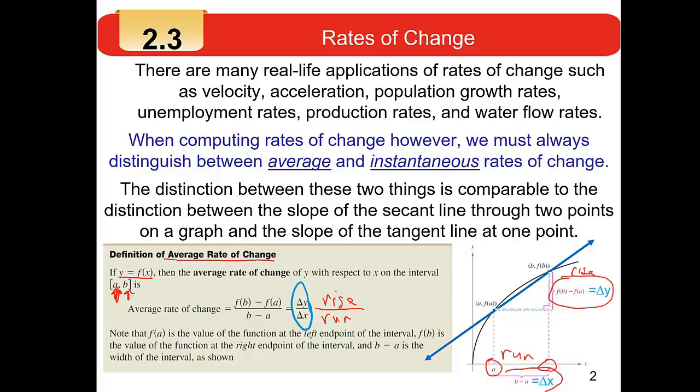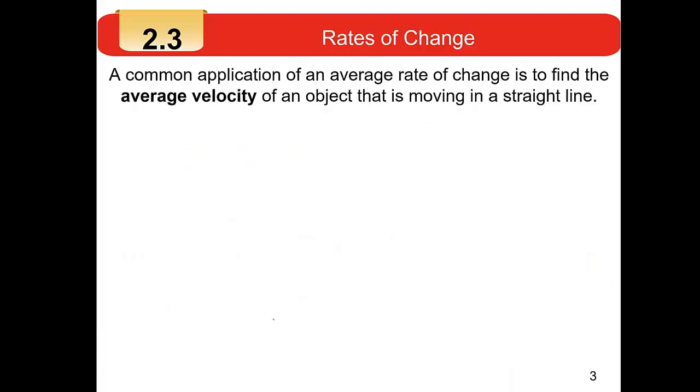Well, if you're plugging into a function, one of the y coordinates is f of b and the other is f of a, so the rise is f of b minus f of a. And then on the x-axis, the difference in the x coordinates is b minus a. It's strictly the formula for slope that you learned back in Algebra 1 and Algebra 2 of high school. That's the average rate of change.